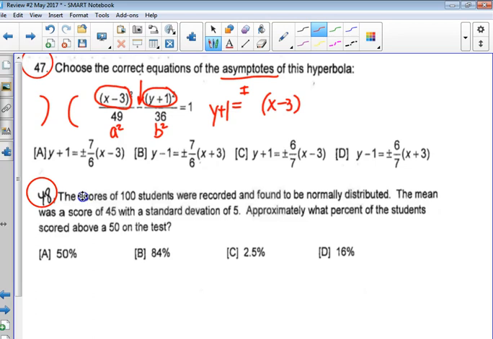If you want to do it conceptually, slope is always change in y over change in x. Which of these numbers has to do with y? Yeah. So this is going to be b over a, which is going to be the square root of this over the square root of this. Is that what it says on the sheet, guys? Did you find it? Okay.